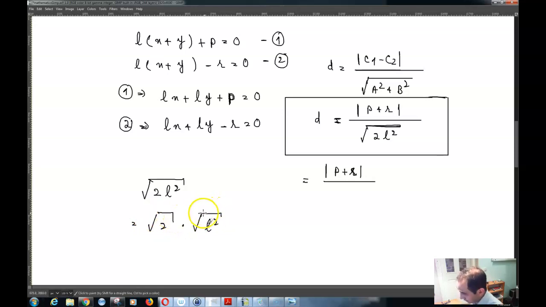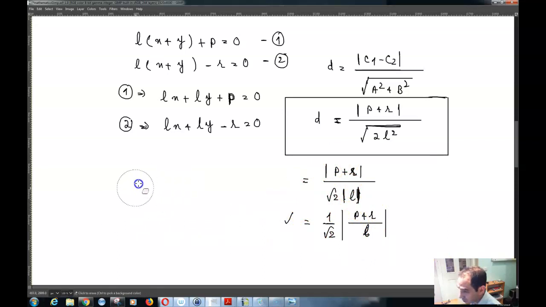They have written this as the absolute value of l, and over here the square root of 2. And so they have written this as 1 over square root of 2 times p plus r over n, and then they have used the absolute value function around the whole thing. So that's the kind of answer they have provided here.